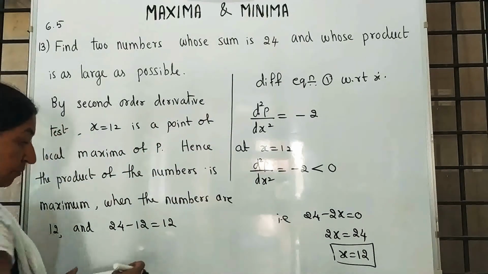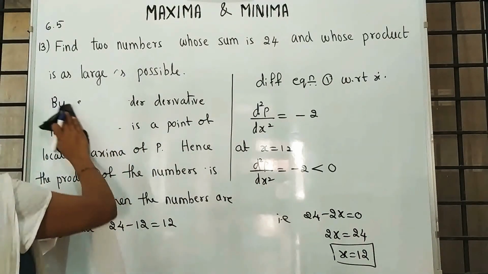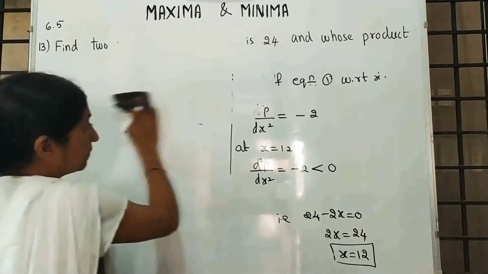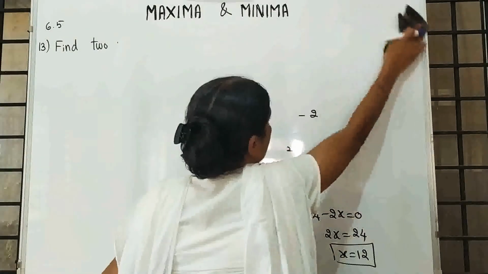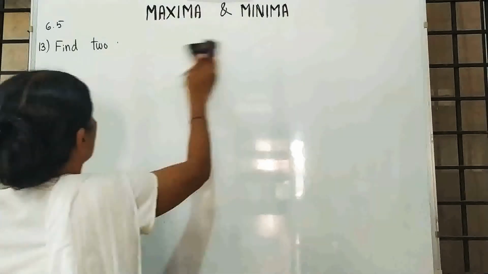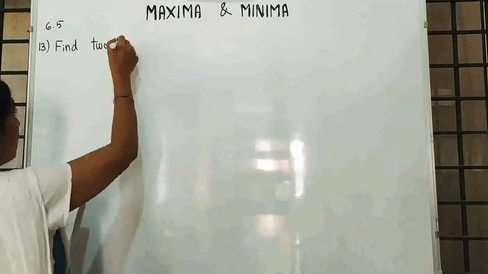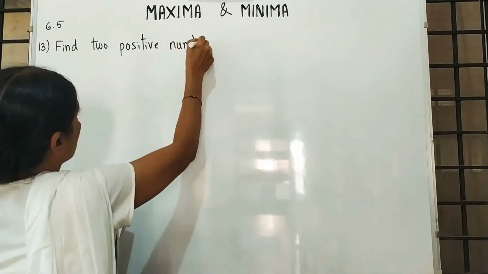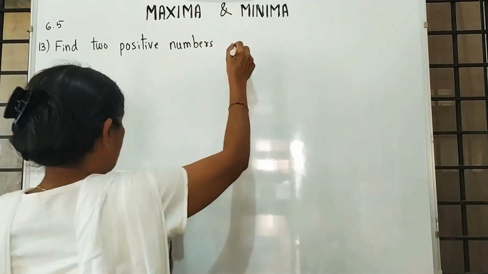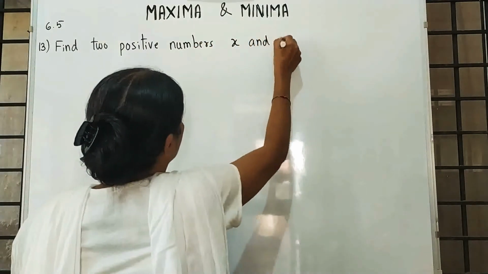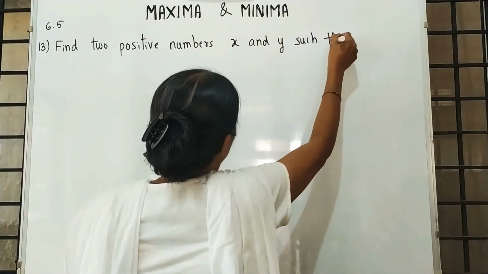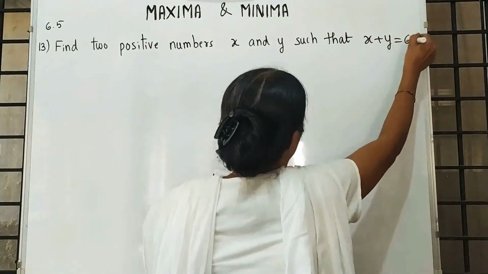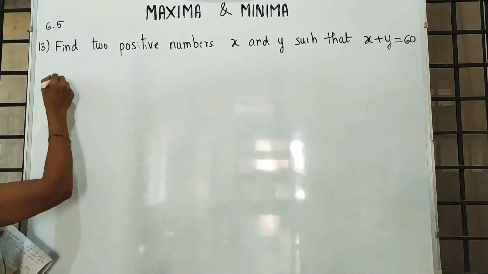Moving to the next question, question number 14. Find two positive numbers x and y such that x plus y is equal to 60 and xy cube is maximum.